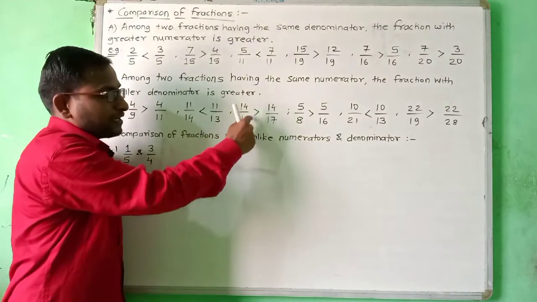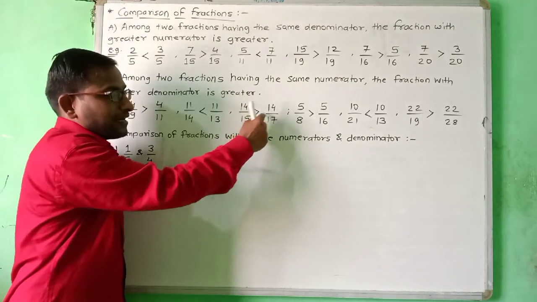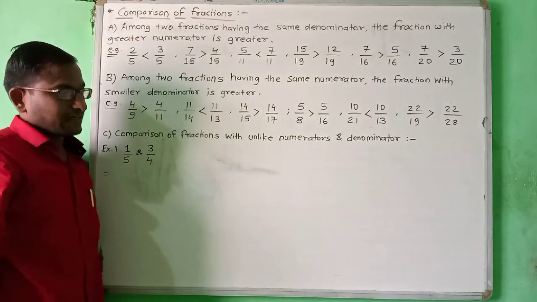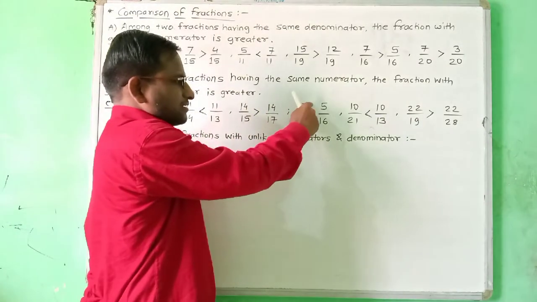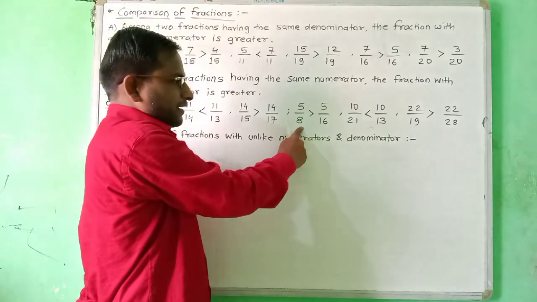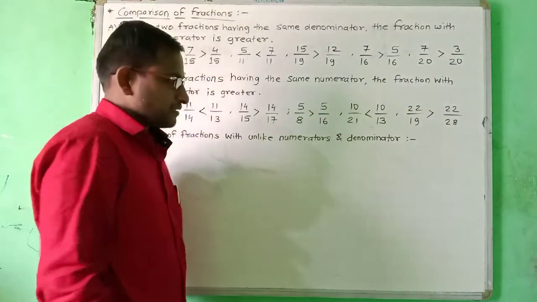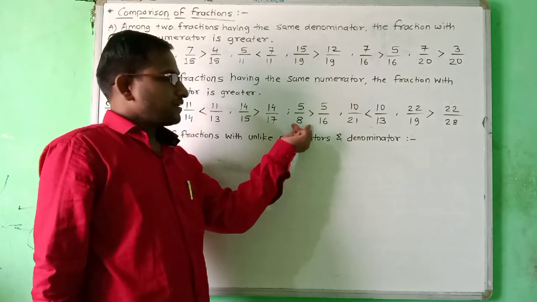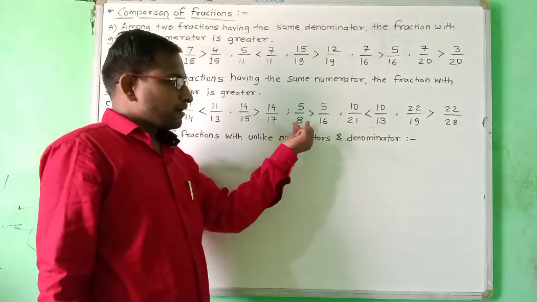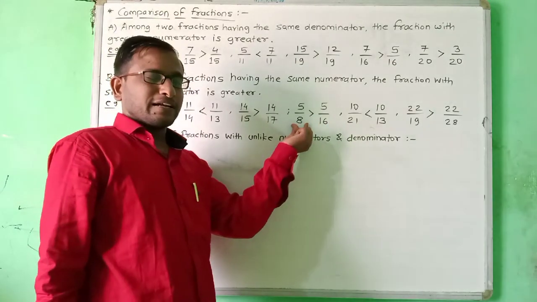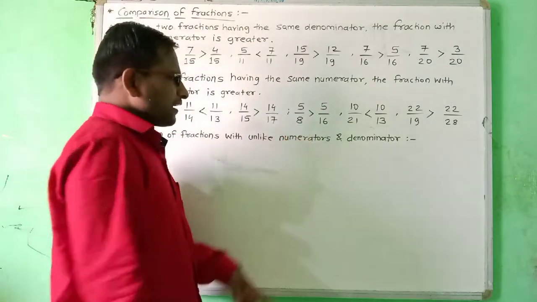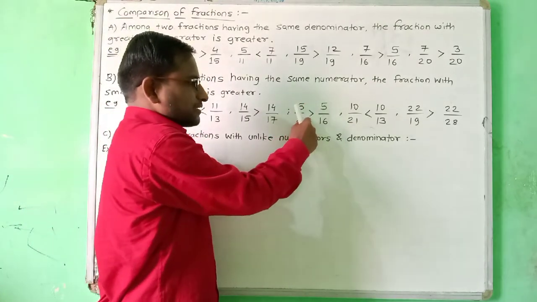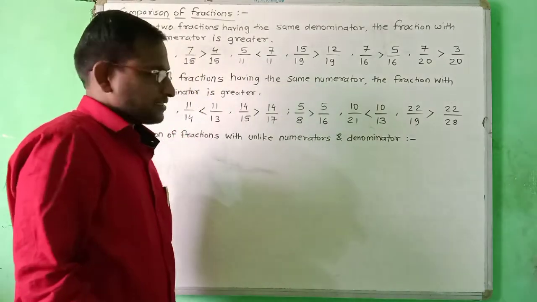So 14 upon 15 is greater than 14 upon 17. Next, 5 upon 8 and 5 upon 16. Here 5 upon 8 has the smaller denominator and 16 is greater. So 5 upon 8 is the greater fraction: 5 upon 8 is greater than 5 upon 16.